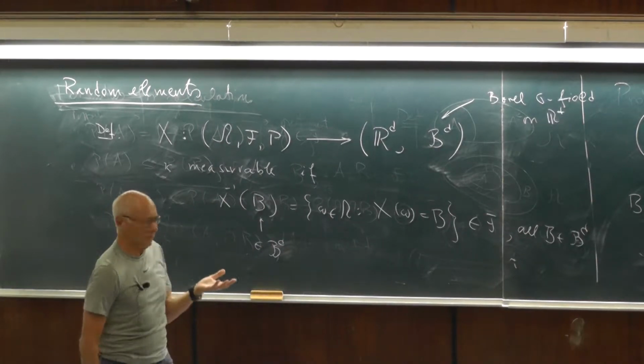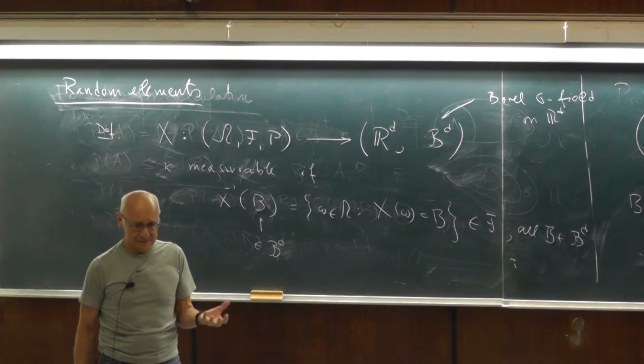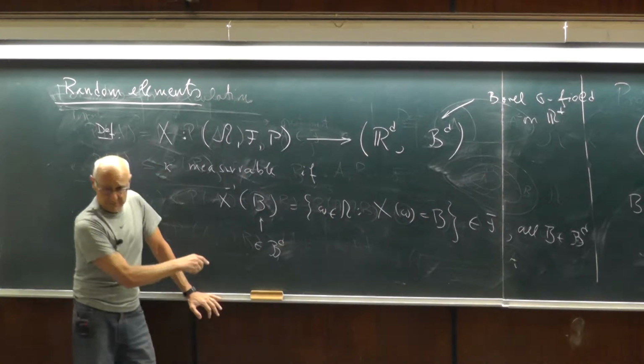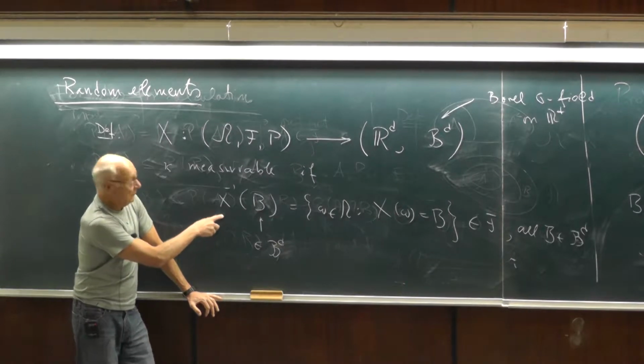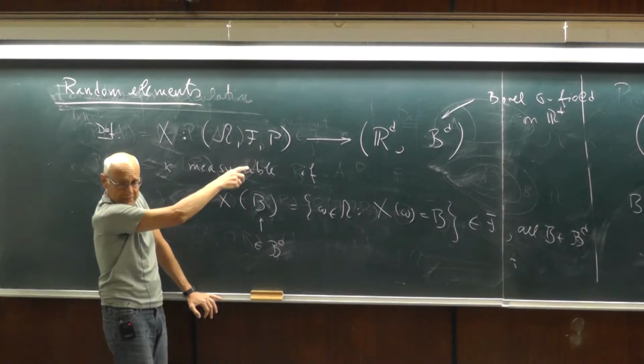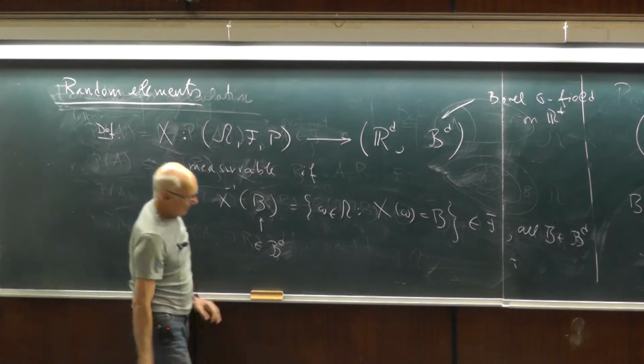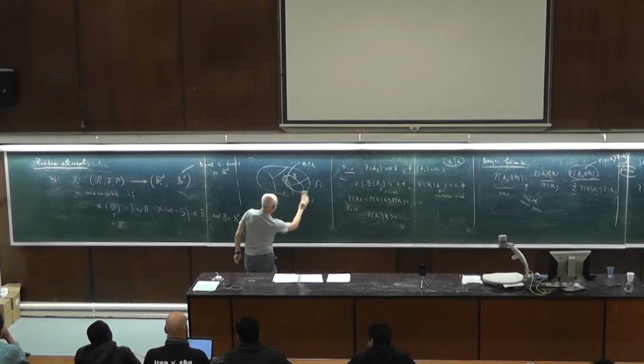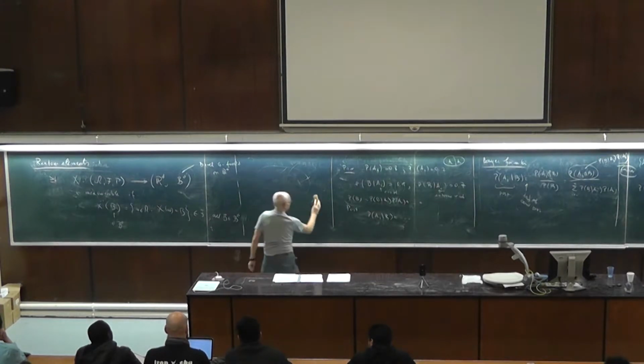So you see right away why it's absolutely necessary to have this condition, because otherwise I cannot define the probability on this. If this is an event, then probability is defined on it. Okay? So the second definition, and then things are going to come that will be much more familiar to you.